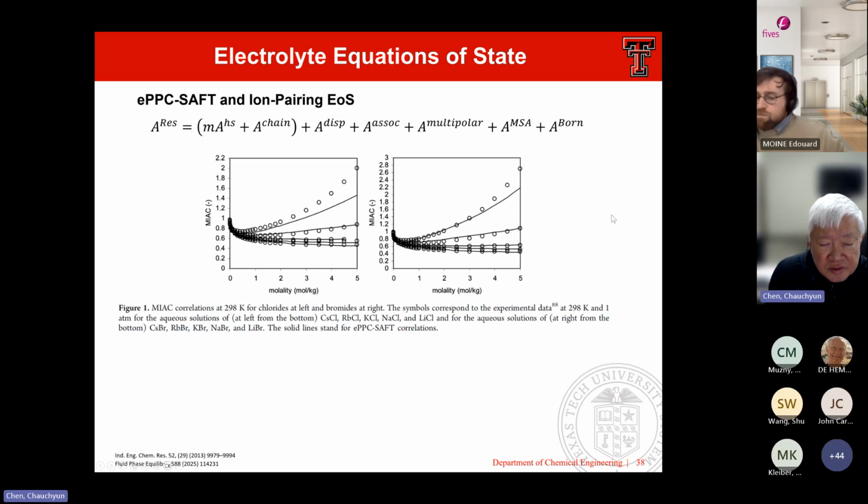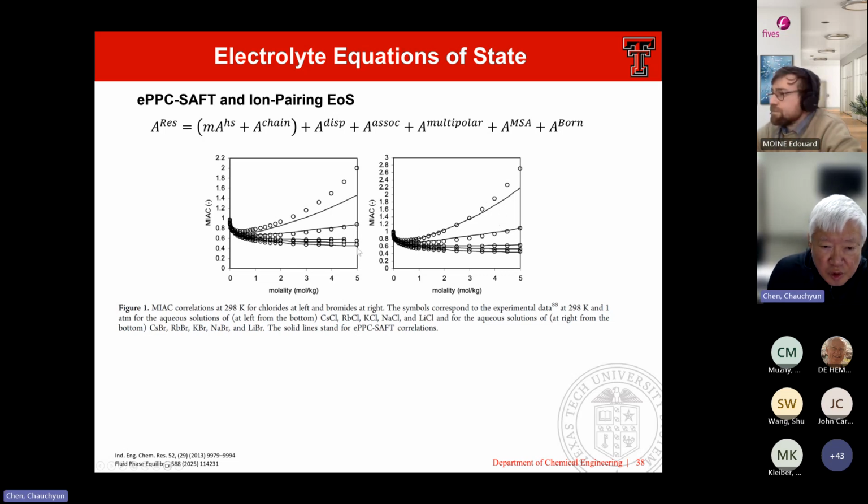From my perspective, the model still cannot represent single electrolyte properties. On this side, we see the mean ionic coefficient plotted against concentration for cesium chloride, rubidium chloride, potassium, sodium, and then lithium chloride. And on the right-hand side, this is for the bromide salts.